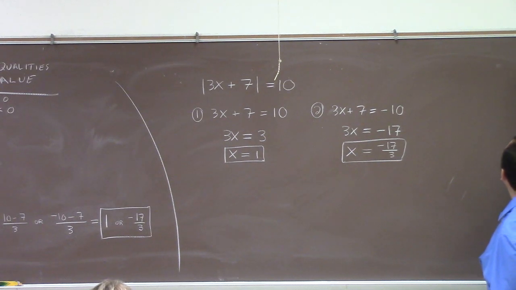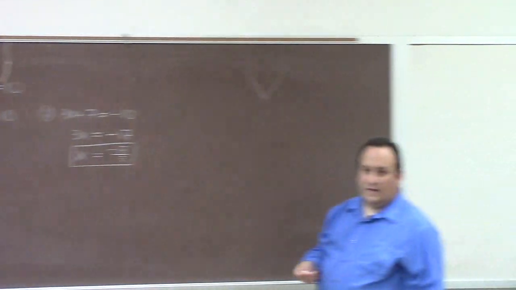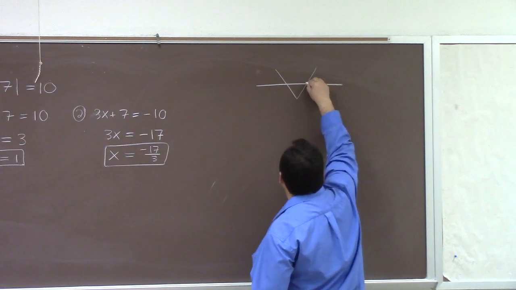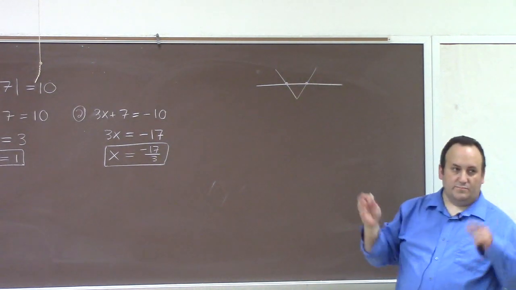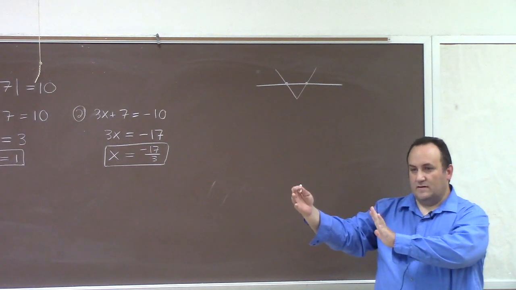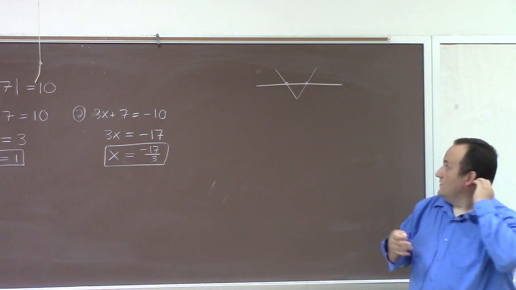the absolute value graph more or less looks like this. This is the absolute value graph. And so when you set that equal to a constant, you're going to get two solutions possibly. Those points of intersection could happen both in the positive region, one positive and one negative, or both negative also.